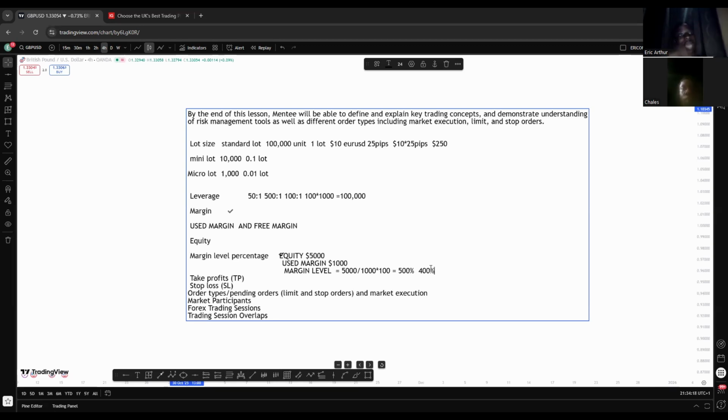When it's going up, that means you are in profit. So you can add another position, which will demand another used margin, another amount of money from your account, because you've entered another position. You get it? So that's how the margin level is.